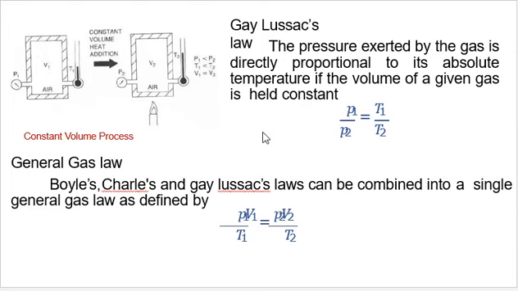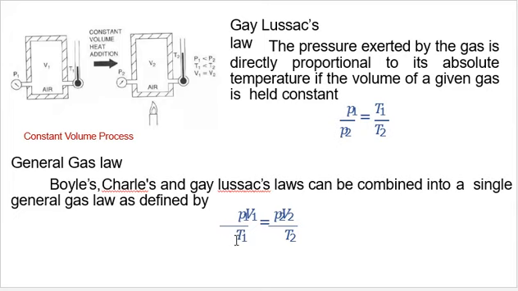By combining these three laws, the gas laws can be combined into a single general gas law defined by P1 V1 upon T1 equals P2 V2 upon T2. Where temperature, pressure or volume is held constant, the general gas law reduces to Boyle's law, Charles' law or Gay-Lussac's law respectively.